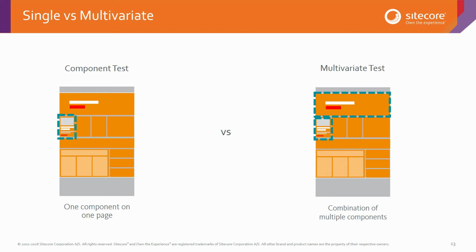Multivariate tests require a lot more traffic to reach any sort of a confidence level, just because of the exponentially increasing number of experiences. But that being said, interaction effects can exist between different components on a page, and Sitecore makes it really easy to launch multivariate tests. So it's a really powerful capability within the experience optimization.